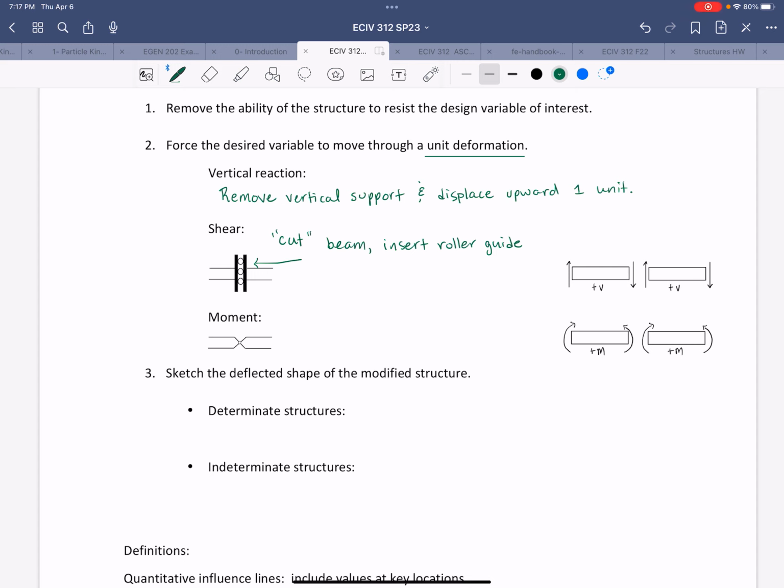So I'll note here, we have no rotation and no axial deformation, right? I'm using the lowercase delta for that. No rotation or delta, only vertical displacement allowed.